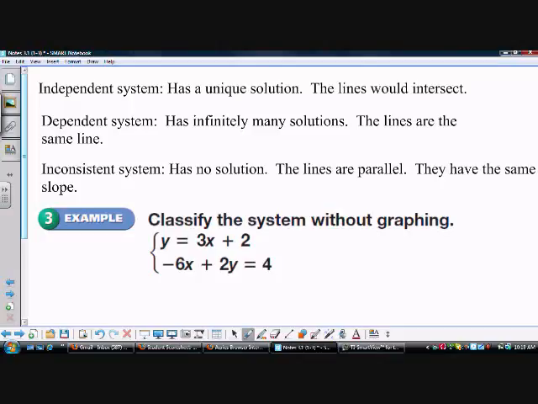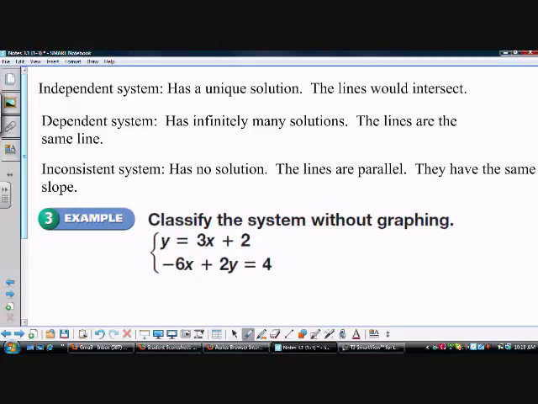They have an infinite number of solutions. The two lines, when you went to graph them, would end up being the same line. Inconsistent systems are lines that don't intersect, lines that are parallel. There's no intersection between the two curves that we entered, and you can identify an inconsistent system by the slope.